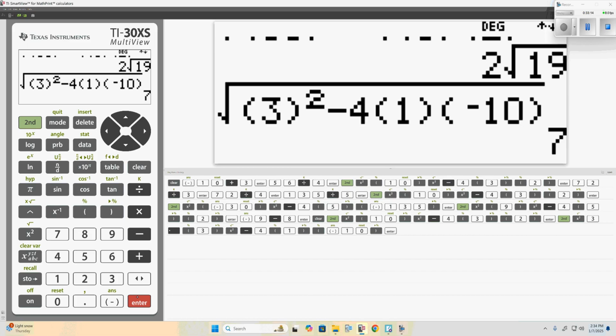Now, the 7 doesn't mean a whole lot to us because we're not solving, but it is telling us that this will factor. If we got a negative, it would be imaginary, and the calculator will just throw a domain error. It won't take the square root of a negative.